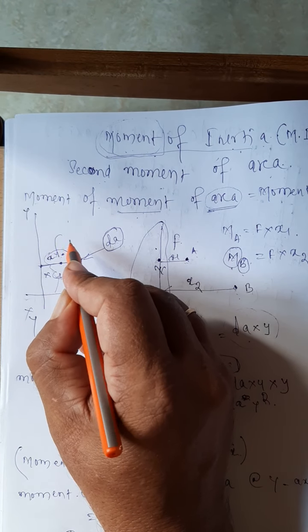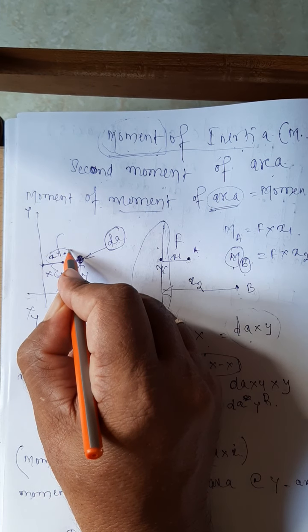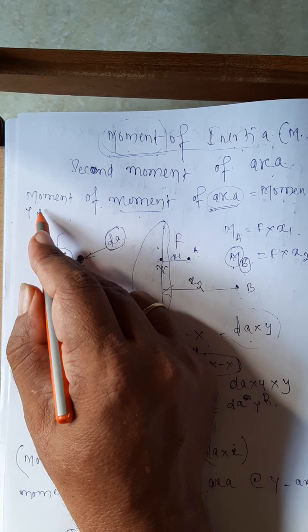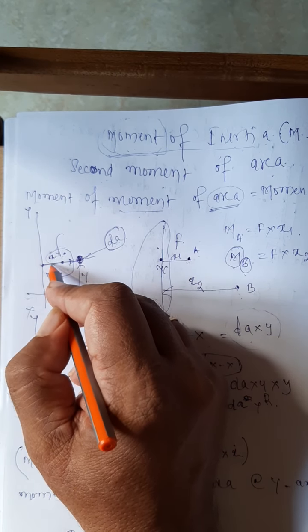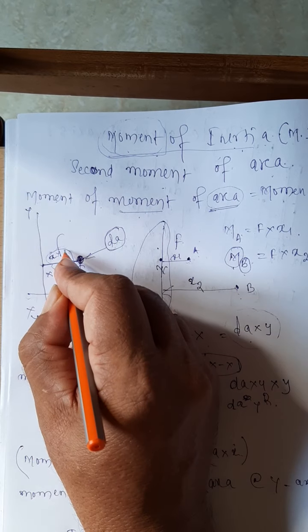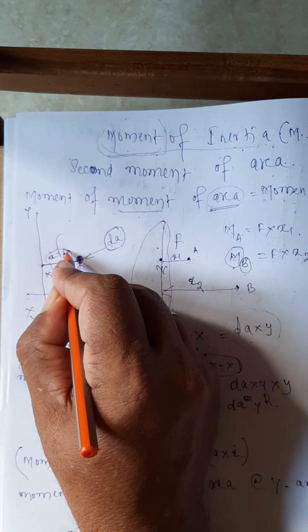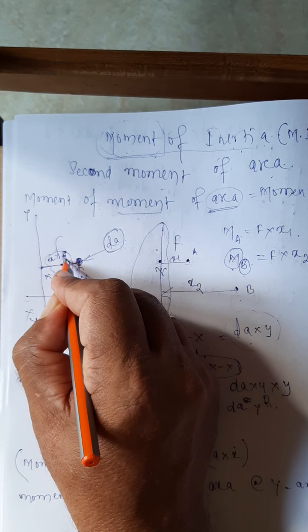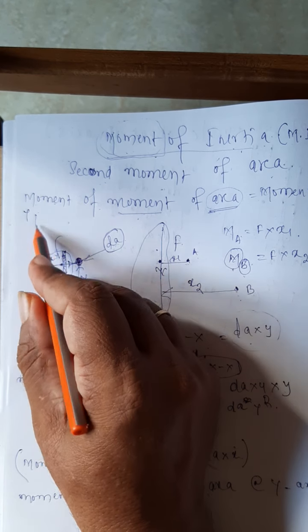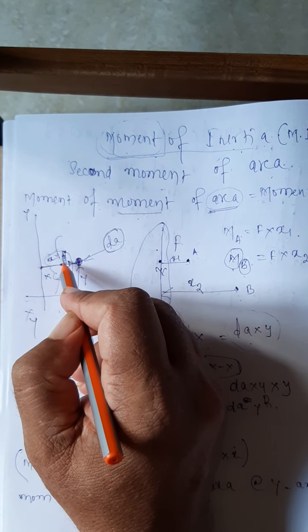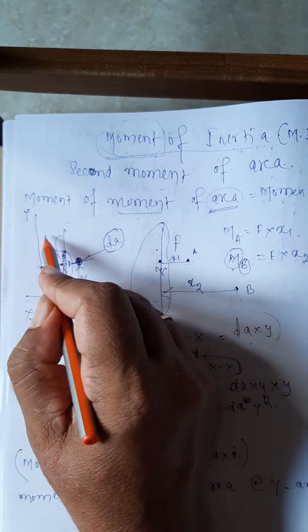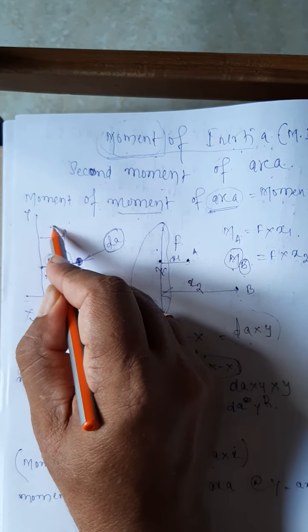That is why, if you are asked for the moment of inertia of this particular area about the y line, I can take some part of the area like this strip. Can you guess the reason? Because the location of this strip from the y line is fixed.